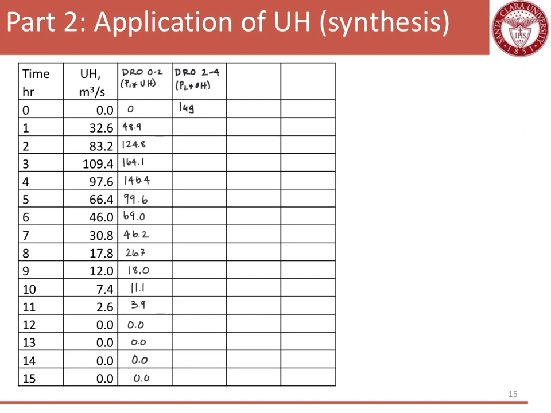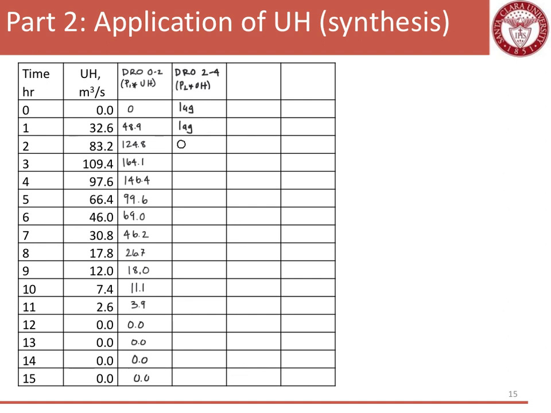The storm is a 2-hour storm, so I am going to lag this by 2 hours. So that means that I'm going to take this 0 here and lag it by 2 hours. So it's going to show up in my table when time is 2.